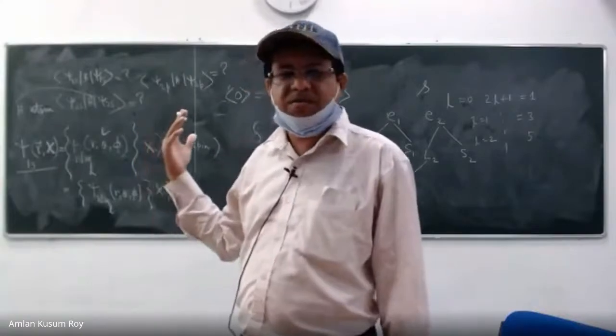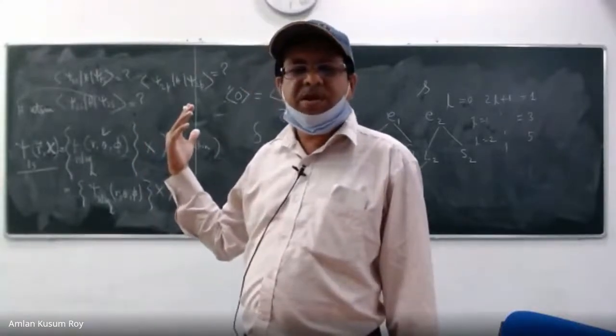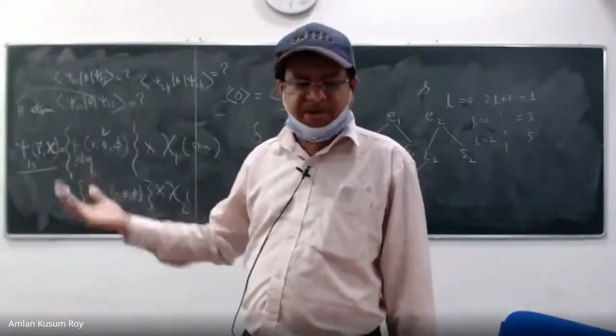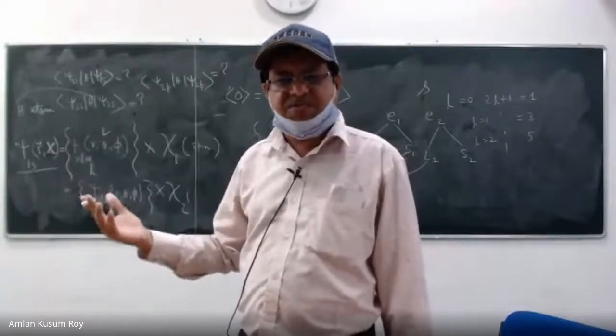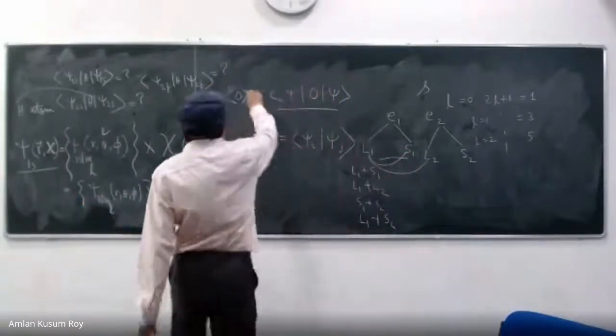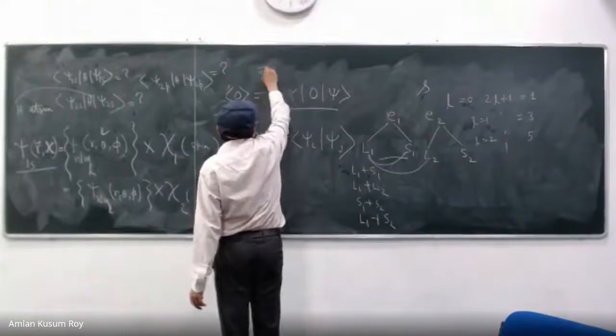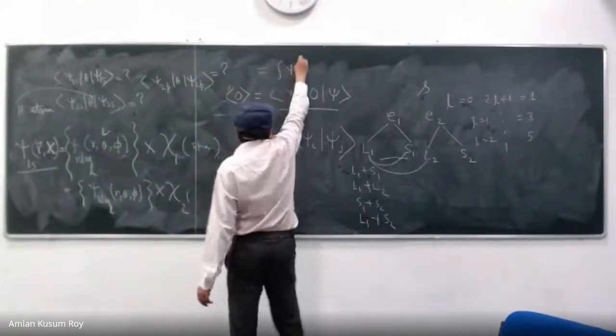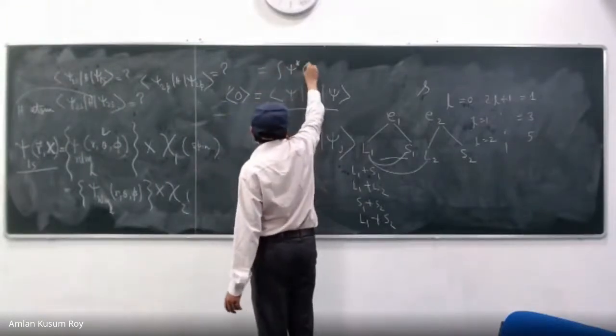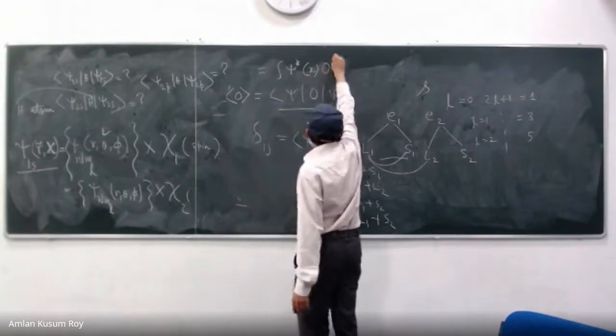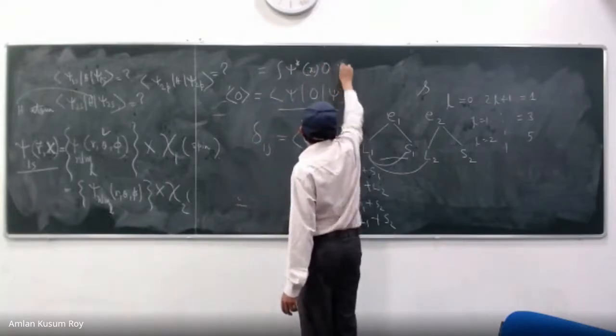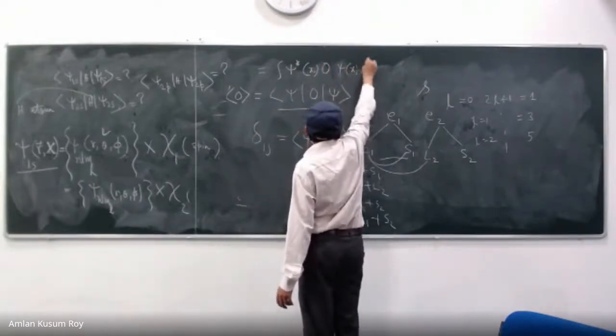Average expectation value, average x, average px, you must have studied this definition. How could that not be the case? You have written psi star; if it is x, we write psi star x psi dx. That is what you did.